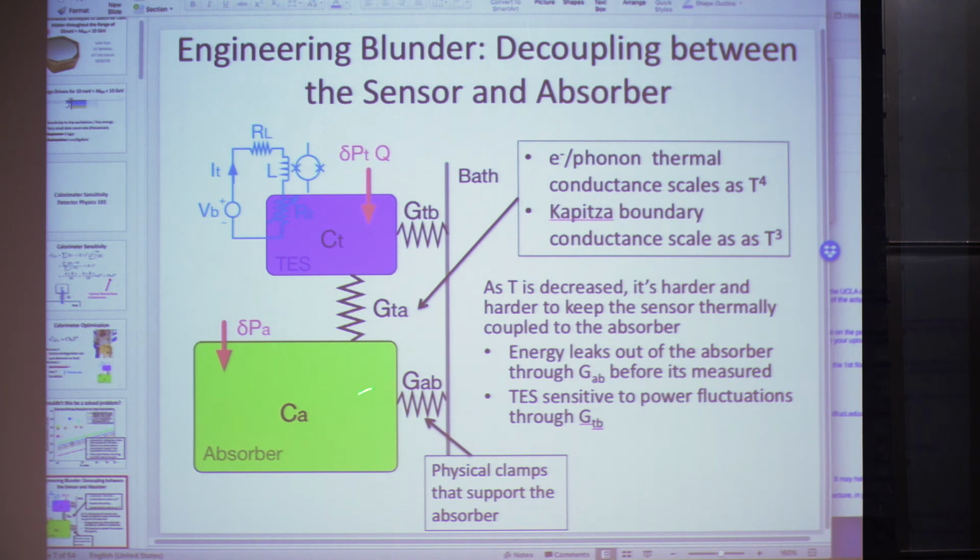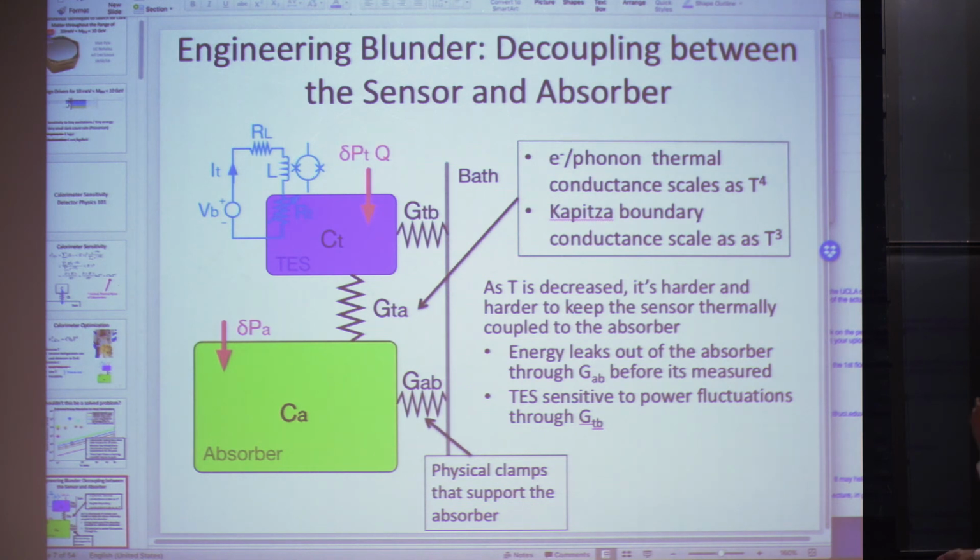And it turns out that coupling scales as T to the 5. So the lower in temperature I go, the worse these two systems are coupled to each other. So if I want to go to super low temperatures to have really excellent sensitivity in my thermometer, the penalty is I decouple my thermometer from my absorber. And so this is a bummer.